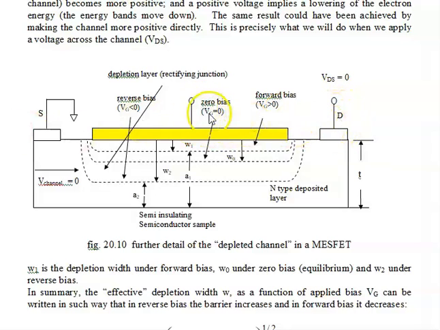However, we look at three different gate biases: one 0, where we have W0, one forward bias, where we have W1, the depletion region is pushed up, and one reverse bias, where we have a gate bias which is negative and the depletion region widens. Each one of those has its own unique conductive channel.